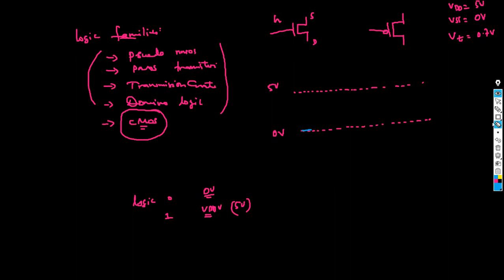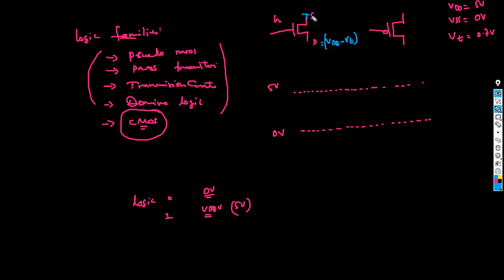Now let's take a look at what will happen if you use only NMOS. Can someone tell me what will happen here? Remember, this is your VDD, and your formula is VDD minus VT.